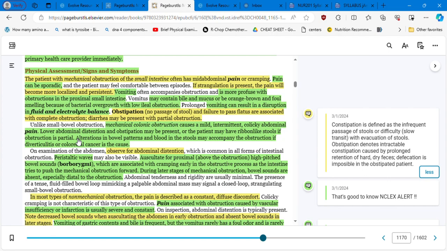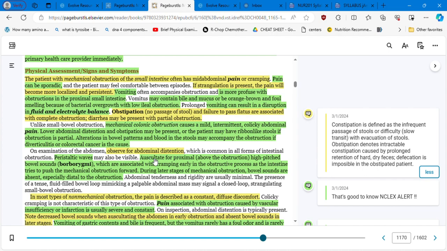So let's say in the lumen there is a mass or something on the right side. So the left side is going to be open for the stool to go through, right? So that's why it's going to be ribbon-like stools, okay? Alteration in bowel patterns and blood in the stools may accompany the obstruction. Either diverticulitis or colorectal cancer is the cause.